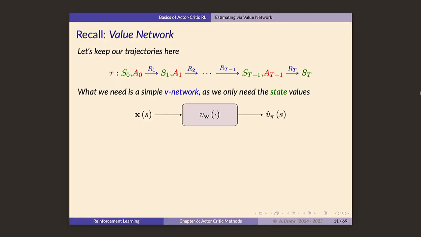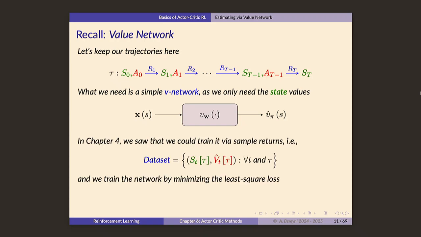This value network is just replacing exactly what you do with Monte Carlo. And then, of course, the data set that you need are the samples that I told you are going to collect, right? For every single trajectory, every single state that you see has one label. And that label is simply the sample return that you get, right?